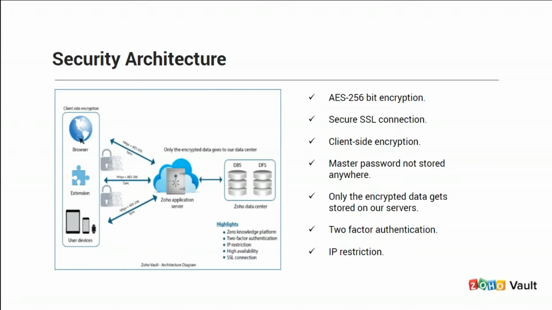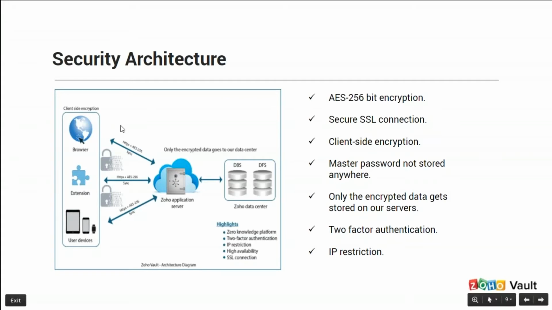Zoho does not store this passphrase anywhere on its servers. So even a hacker, malicious insiders, or even Zoho employees will not be able to view your confidential data in plain text without this master password. This means the system is truly zero knowledge and all your confidential data is completely private.